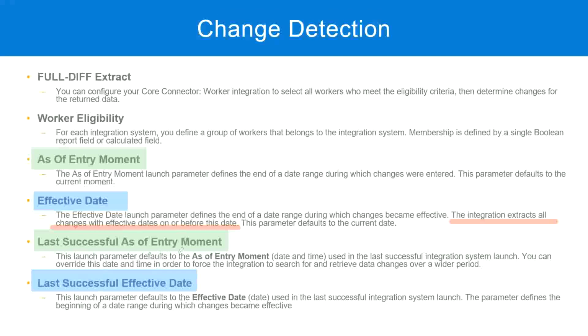Then comes last successful as of entry moment and last successful effective date. So what are these? These are the as of entry moment and the effective date that were used in the previous run of the integration. Why is that important? Because our main objective is to look for data changes.